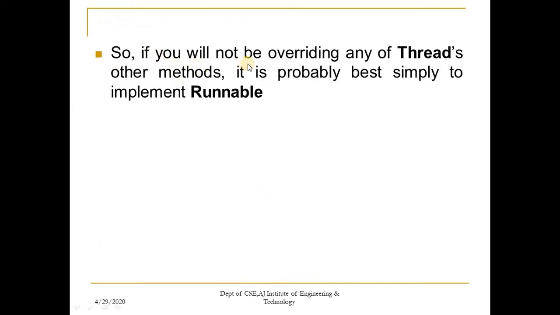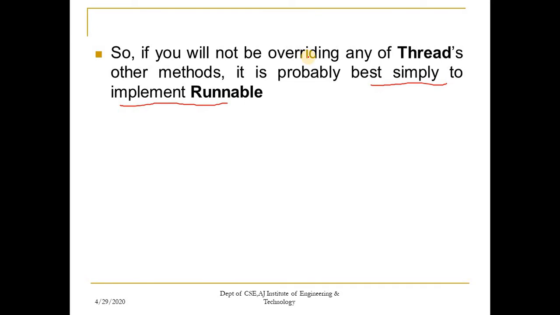So if you will not be overriding any of the Thread's other methods other than run, it is probably best simply to implement Runnable, if you are just going to override the run method.